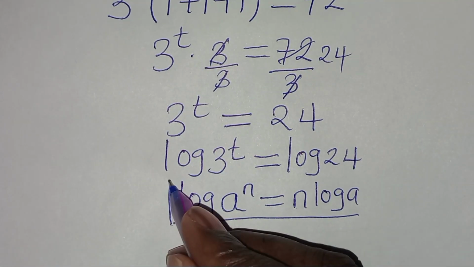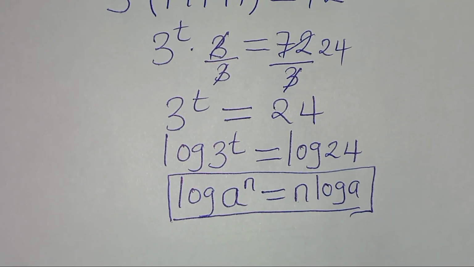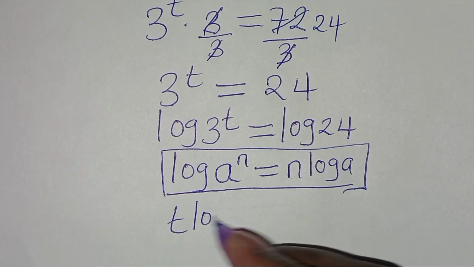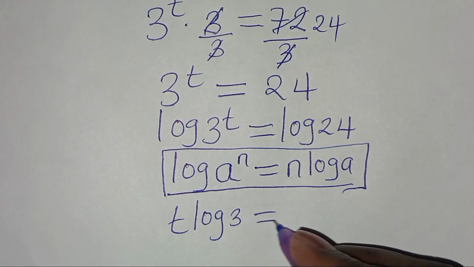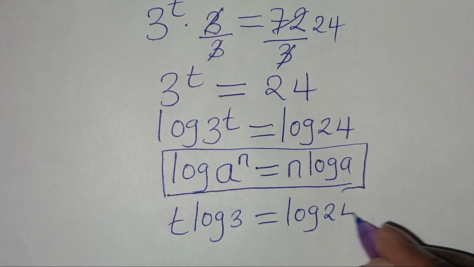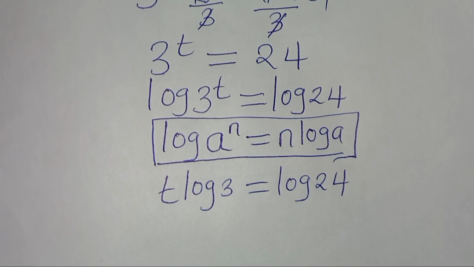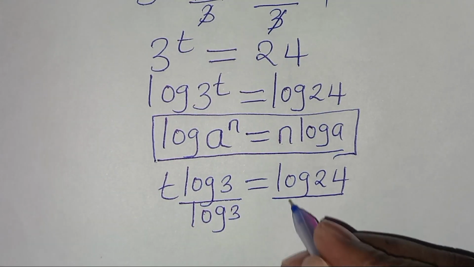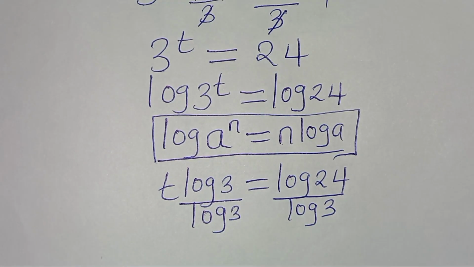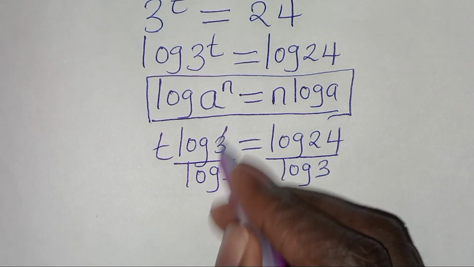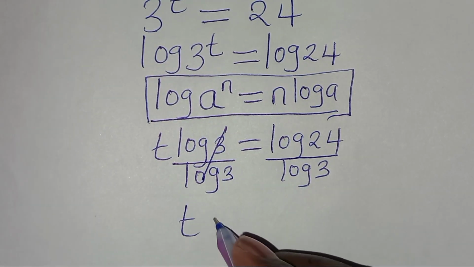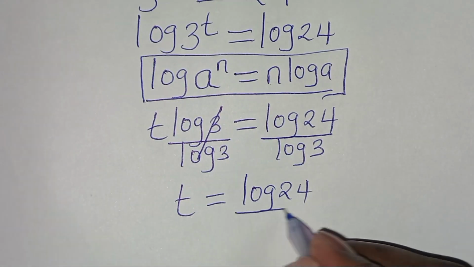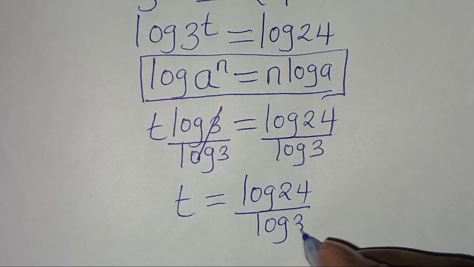Applying this power rule property, log 3^t can be expressed as t log 3, equal to log 24. So let's divide both sides by log 3, so that t is equal to log 24 divided by log 3.